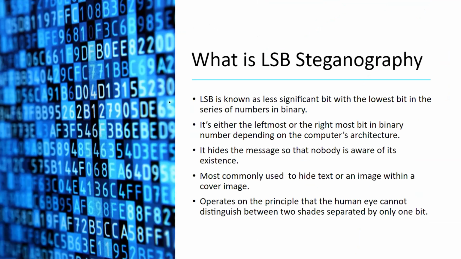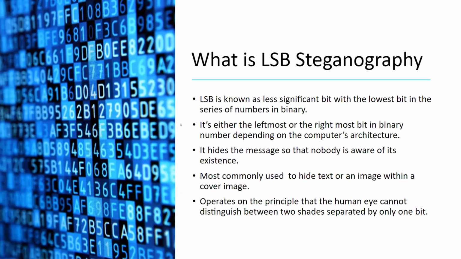So here LSB is known as least significant bit, the lowest bit in a series of numbers in binary. It is either the leftmost or the rightmost bit in a binary number, depending on the computer's architecture. It hides the message so that nobody is aware of its existence. It is most commonly used to hide text and or an image within a cover image.